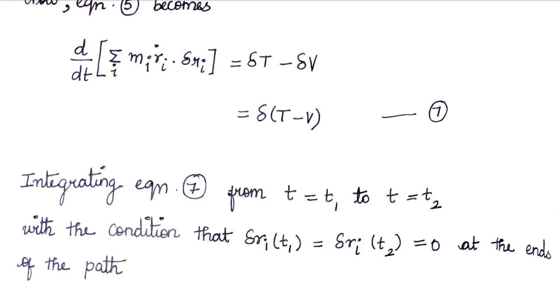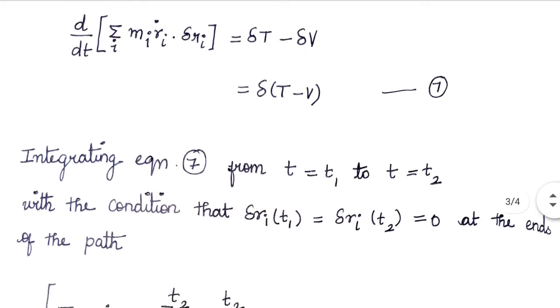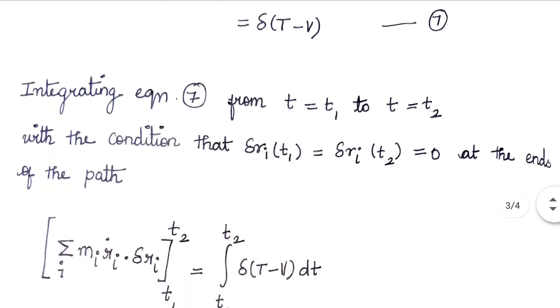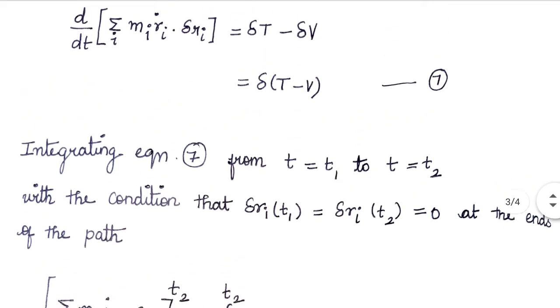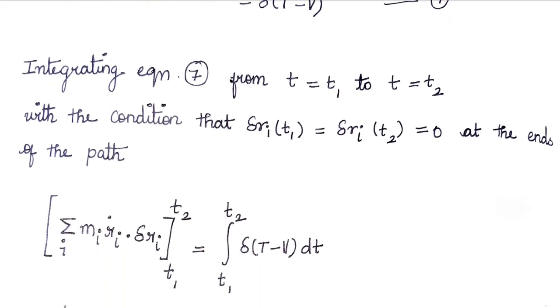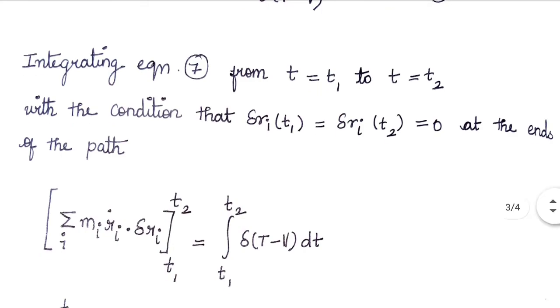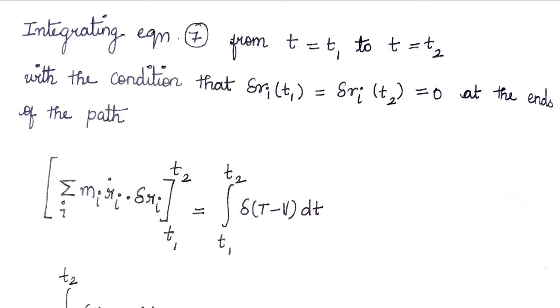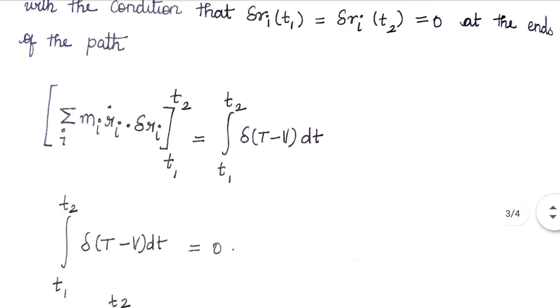Now let us integrate equation 7 from time t equal to t1 to t equal to t2, and we know the condition at the end points: the change in δr_i vanishes. So integrating equation 7, we get the sum over i of m_i r_i dot · δr_i between the limits t1 to t2 on one side, and on the right-hand side the integral from t1 to t2 of δ(T minus V) dt.